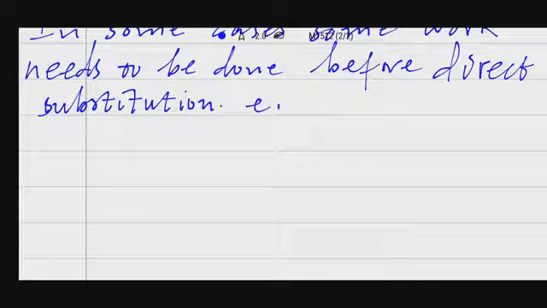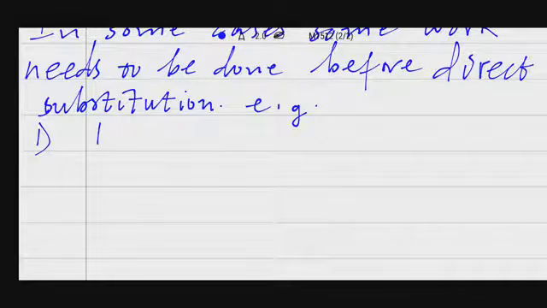Let's look at a couple of examples with different cases. Let's start with example 1 to give you an idea of what may be expected.